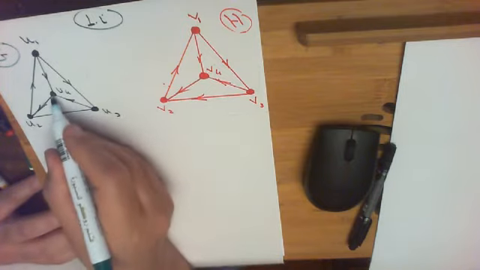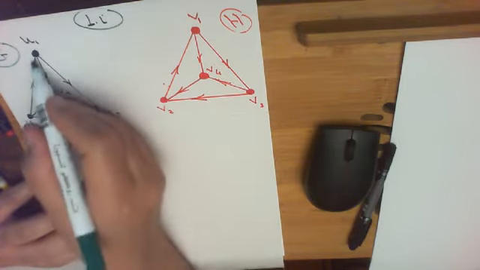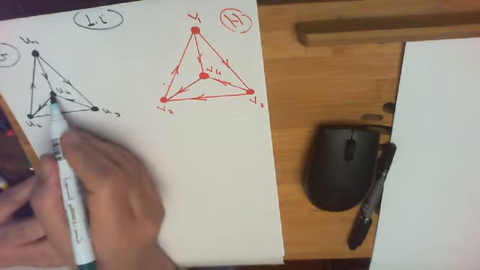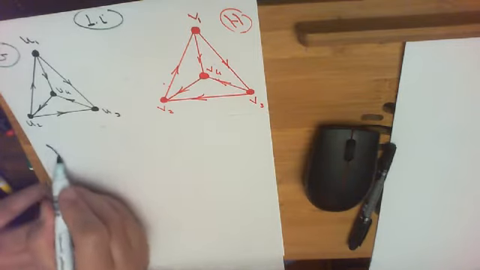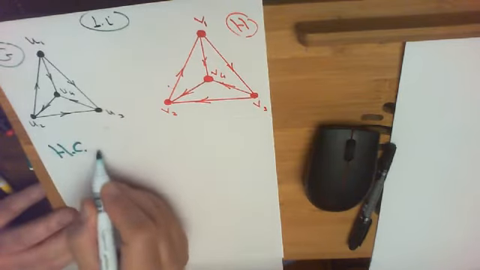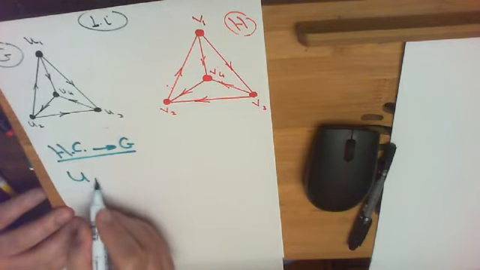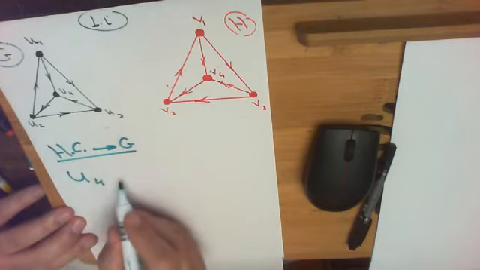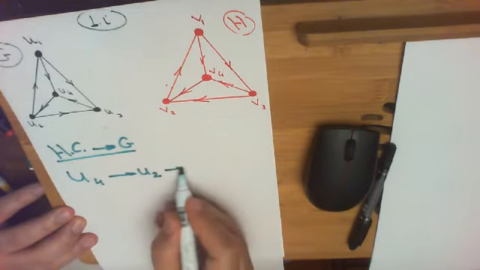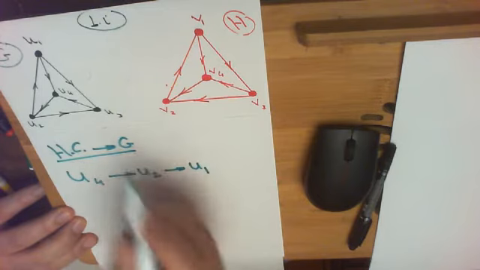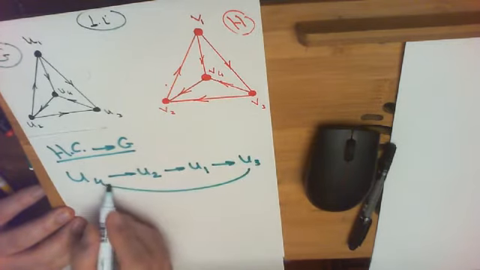From U4, I go to U2, to U1, U3, then to U4. Oh, I have a Hamilton circuit for graph G. From U4, we go to U2, we go to U1, we go to U3, then back to U4.